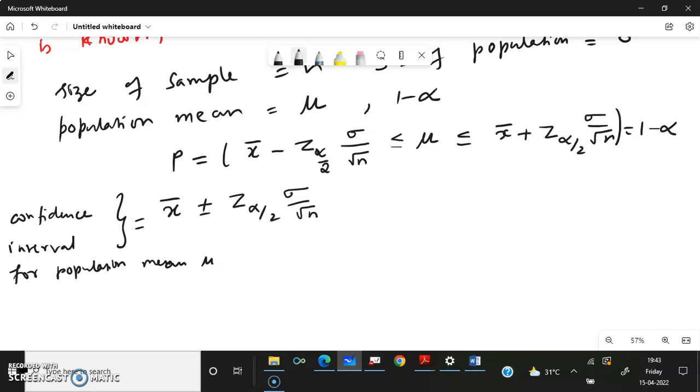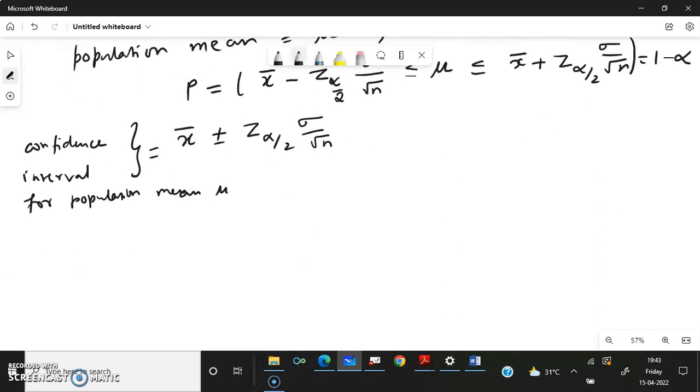That is the confidence interval for the population mean mu. For computation of the confidence interval and for testing of significance, the critical values Z alpha at the different levels of significance.